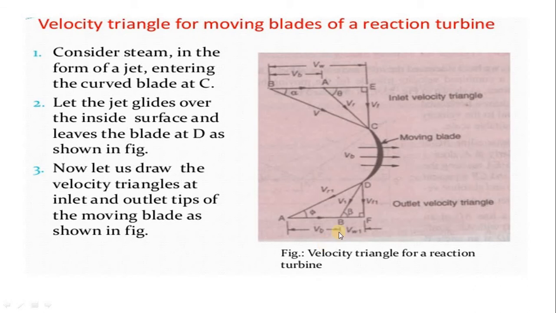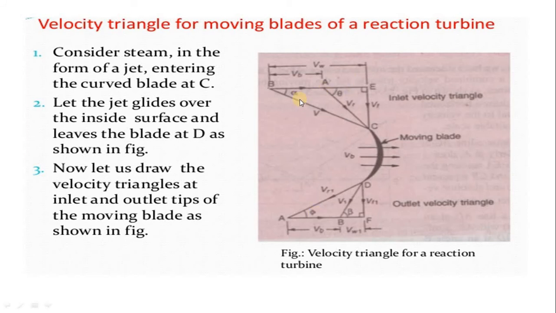So when we talk about the velocity triangle for the reaction turbine, the degree of reaction is near about 50%. Here some important parameters are: the inlet angle of the nozzle and the outlet angle of the blade are the same.